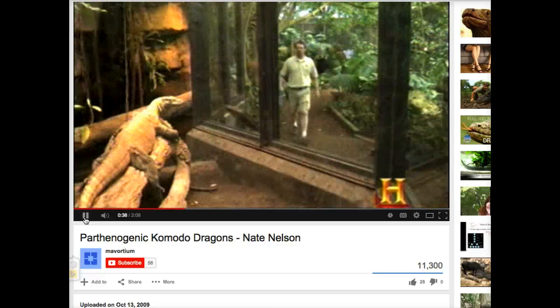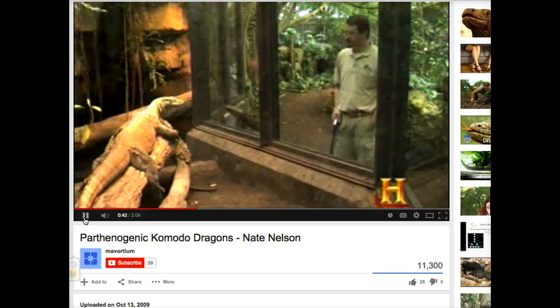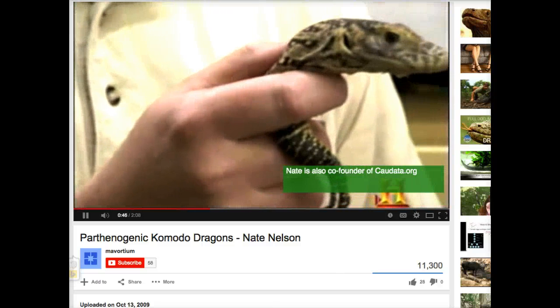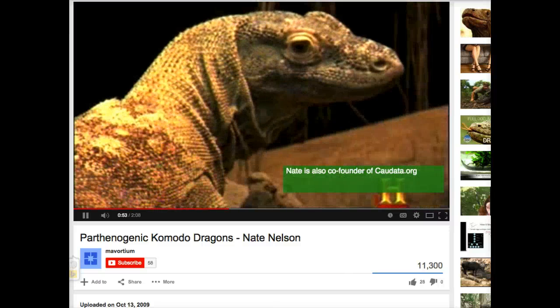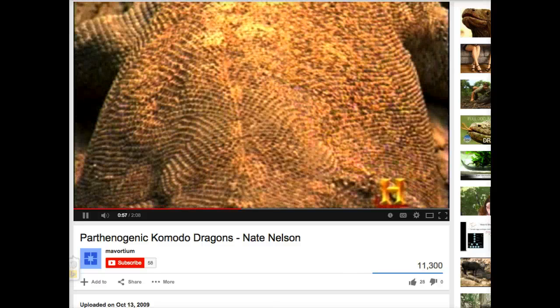Nate Nelson is the head zookeeper for Sedgwick County Zoo in Wichita, Kansas. The zoo's newest Komodo dragon was hatched parthenogenically. He's a parthenogenic offspring. He was produced without the genetic input of a father. That means the female lays eggs, which then develop normally without fertilization from a male.